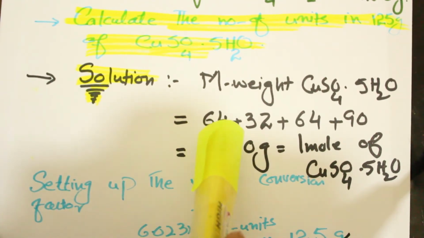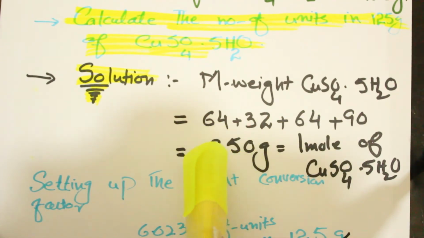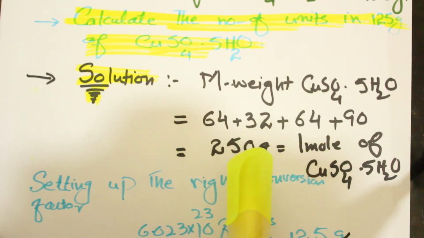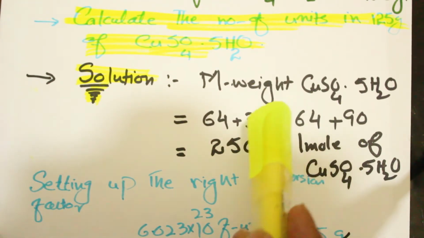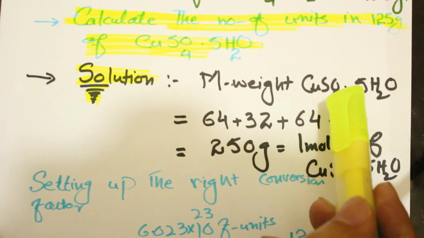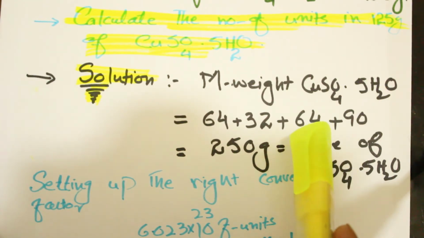So the molecular weight of the copper sulfate: 64 is the atomic weight of copper, that of sulfur is 32, and that of oxygen is 64. Now you know that the atomic mass of oxygen is 16 AMU, but here I have written 64 because in this formula we have 4 oxygen atoms, so we multiply 16 by 4 and get 64.